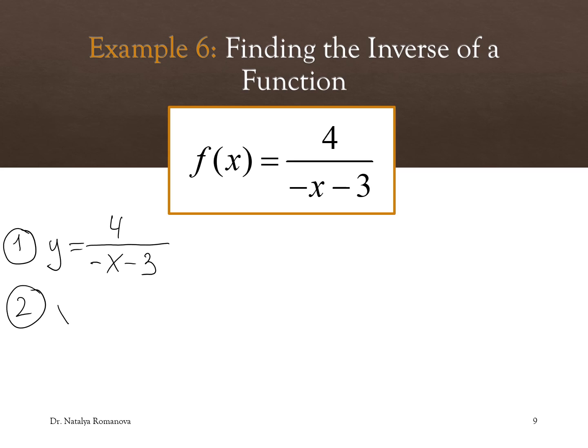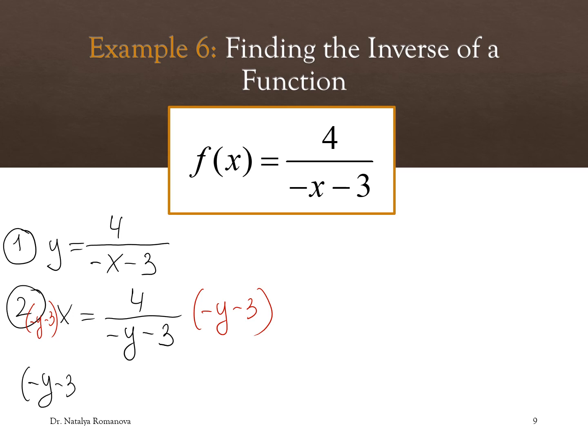We have x equals 4 over (negative y minus 3). Now we multiply both sides by (negative y minus 3). So we have (negative y minus 3) times x equals 4.